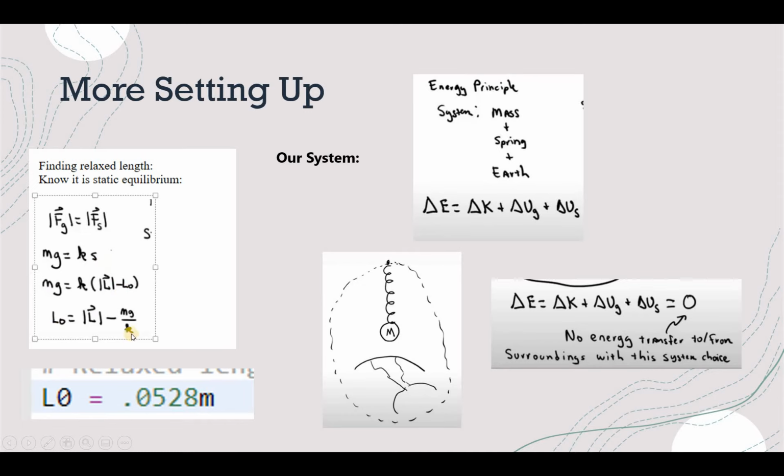We solved for k already, we have L, we have mg, and so we just plug it in, and I end up with 0.0528 meters. And for our system, we're going to be using the mass, the spring, and the earth, so everything. Because of this system, we have no energy transfer to or from the surroundings, so we're going to set this equal to 0.